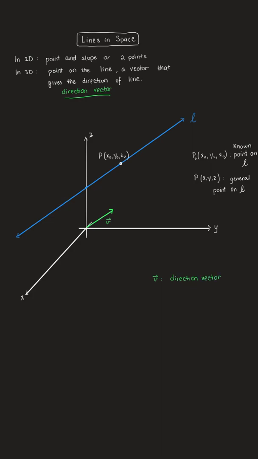Now, we are also going to get the position vector from the origin to our initial point, the point that we have on the line, P sub 0, whose coordinates are x0, y0, z0. So I'm going to draw the position vector from the origin to that point. So there is my position vector.